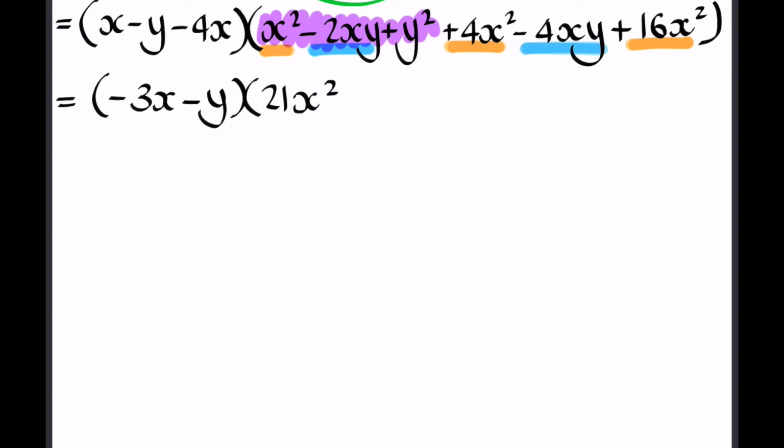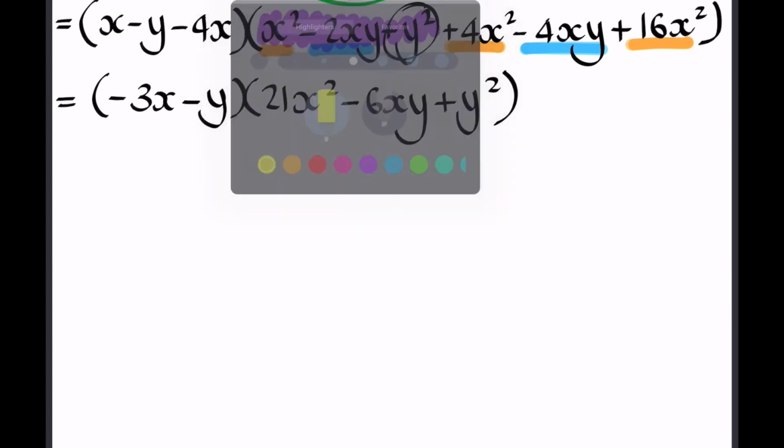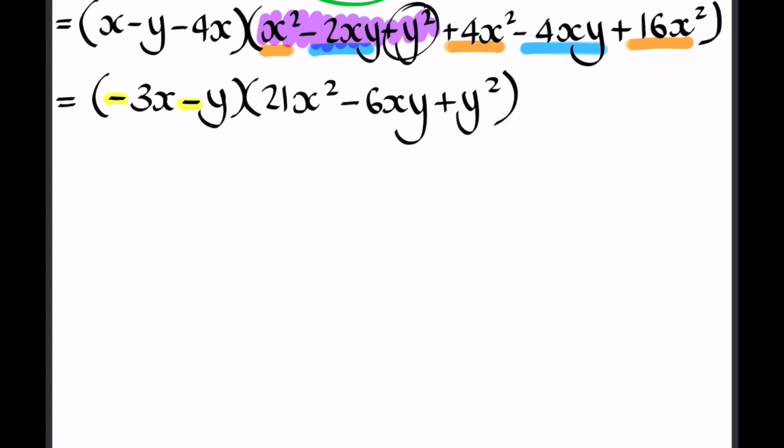Then I have minus 2xy minus 4xy, which is minus 6xy, and then carry down my plus y squared. So there you have your final answer. If you wanted to, you could neaten this up by removing this negative out of the bracket, and then you'd have negative into that bracket.